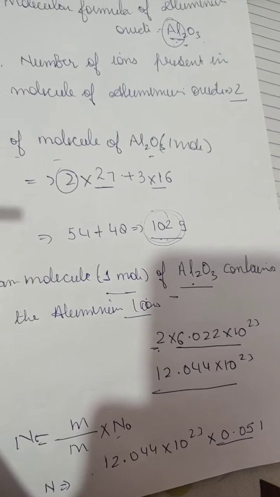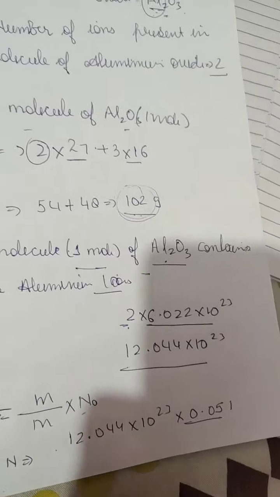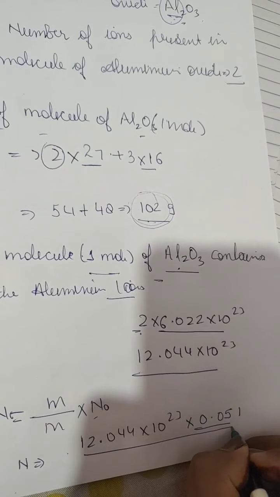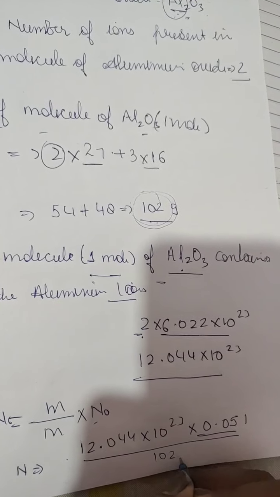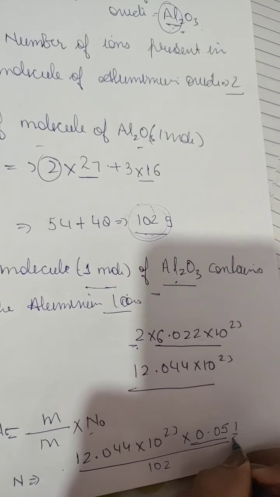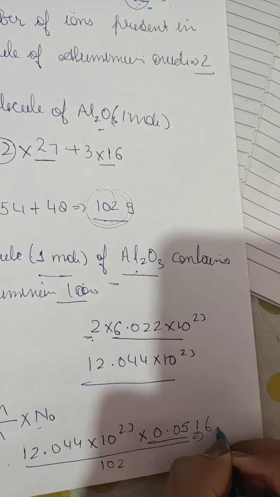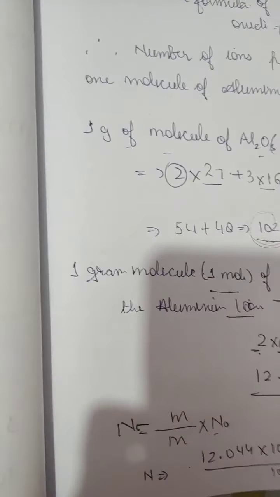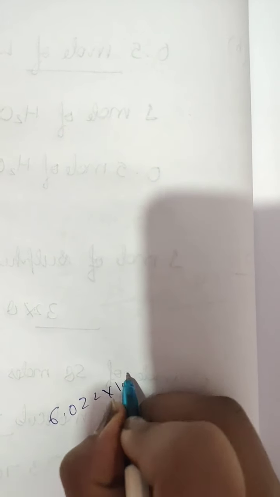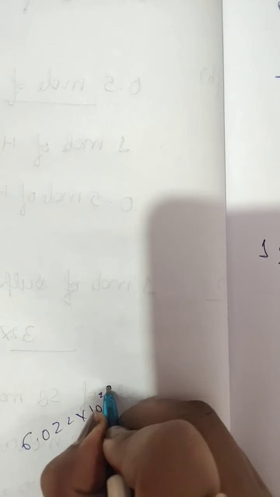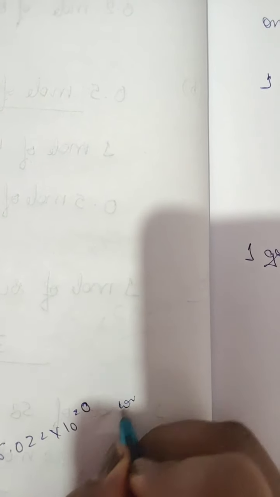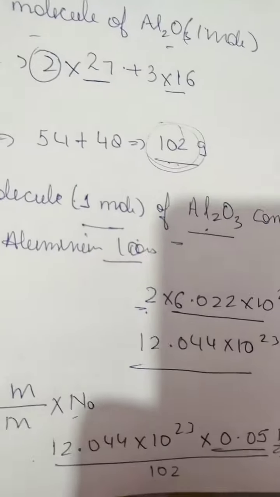Grams will be divided by the molar mass. So when we cut this, it will be 6.022 into 10 to the power 20 ions.